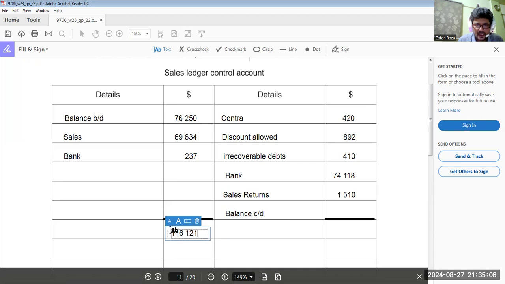Now subtract all the credit items from the total of debits: minus 420, minus 892, minus 410, minus 74,180, minus 1510. So balance c/d is 68,771. We'll get the total here, 146,121.